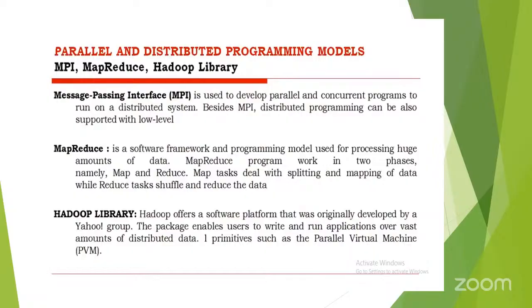So suppose all students are mixed up in a class. The map part of MapReduce classifies them, so it is mapping them by splitting into different categories.